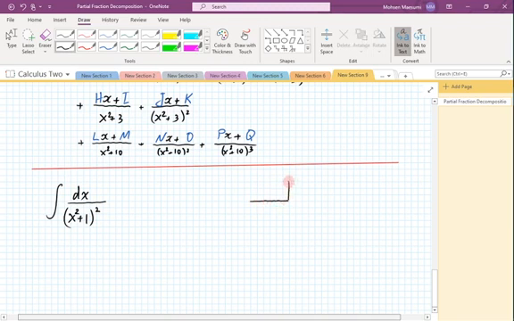So I go ahead and make that picture. You remember, if this is x and this is 1, of course our hypotenuse is the square root of x squared plus 1.